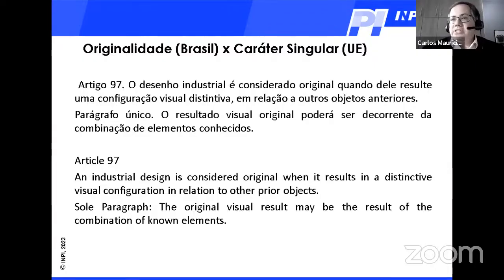Nós temos no artigo 97 o requisito da originalidade, há várias interpretações, há várias abordagens correntes que tentam conferir uma interpretação ao artigo 97, eu vou tratar de uma delas, que eu considero a majoritária, que vem sendo mais seguida dentro dos nossos tribunais, mas costuma-se estabelecer uma espécie de analogia, uma espécie de correspondência entre o critério de originalidade na lei brasileira e o critério do caráter singular das diretrizes comunitárias. E o que eu pretendo mostrar aqui é que não é exatamente isso.